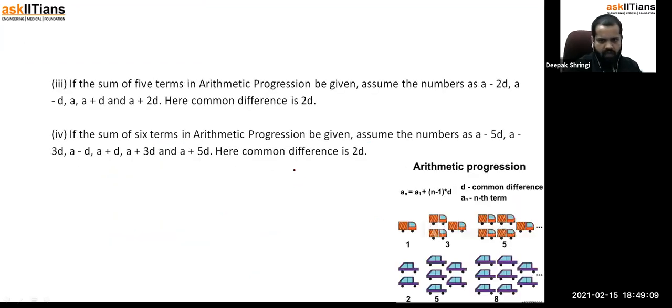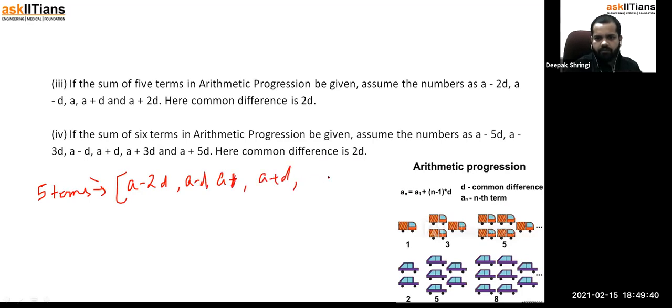If the sum of five terms is given, then take the terms as A minus 2D, A minus D, A, A plus D, and A plus 2D.